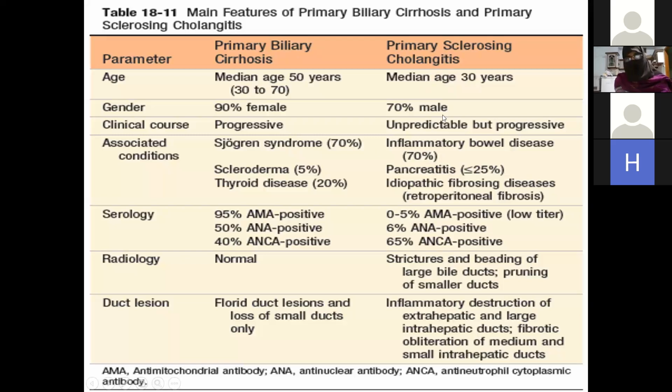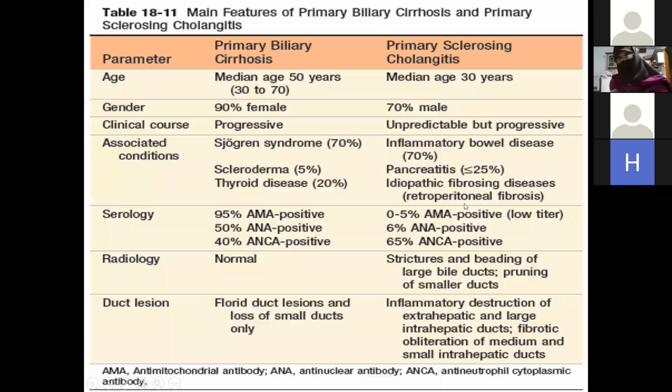Primary sclerosing cholangitis has strong association with IBD, ulcerative colitis, which is missing over here. Radiology पे primary biliary cirrhosis में radiology बिल्कुल normal होगी और यहाँ पे beaded appearance होगी. Please, if you want to write it down, you can write it somewhere on your notes that beaded appearance on radiology is very characteristic of sclerosing cholangitis until proven otherwise. Okay, then this table is over here.